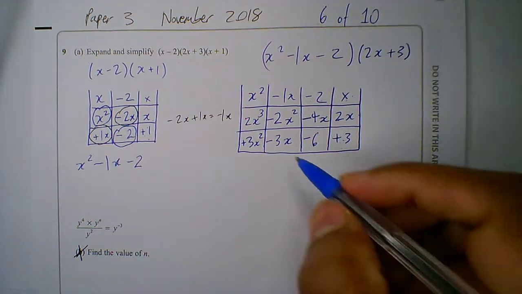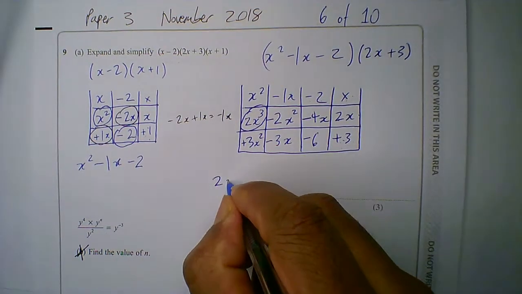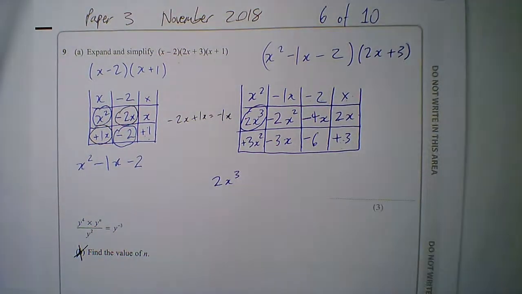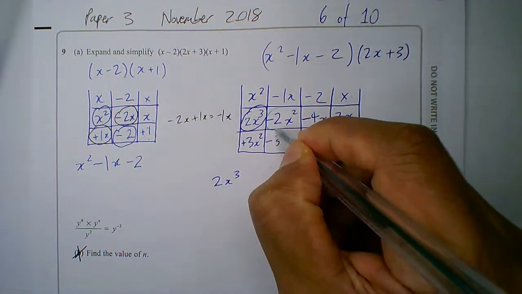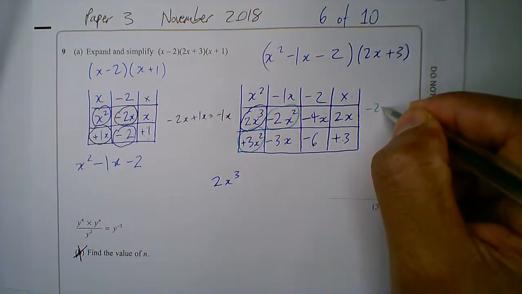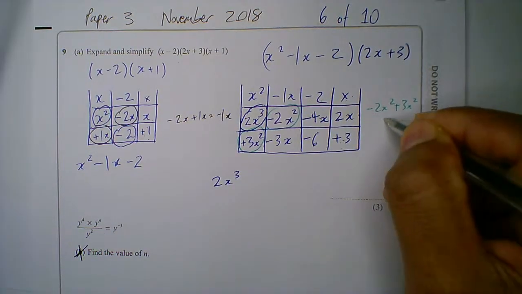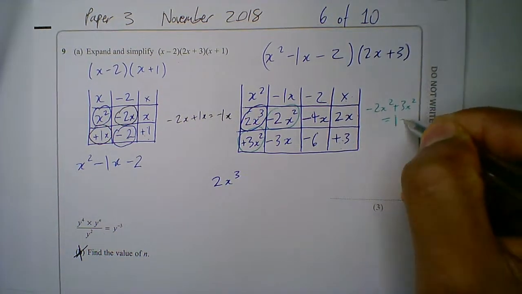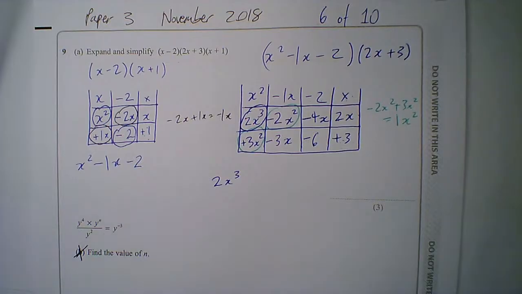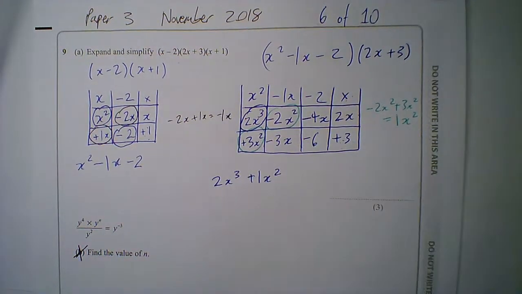And so now I look for my like terms. This is just 2x cubed. I've got minus 2x squared plus 3x squared, or 3 take away 2 is 1x squared. So this is just plus 1x squared or x squared.